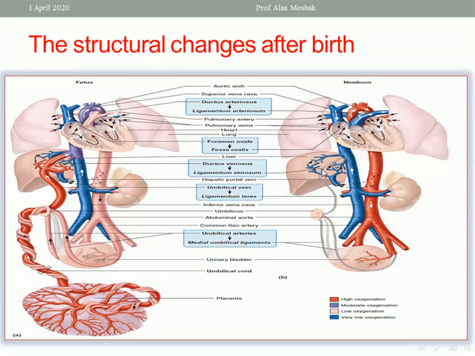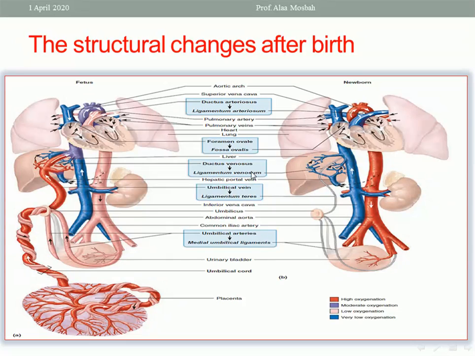What about the umbilical vein? The umbilical vein will be ligamentum teres, which extends from the liver to the umbilicus to the anterior abdominal wall.